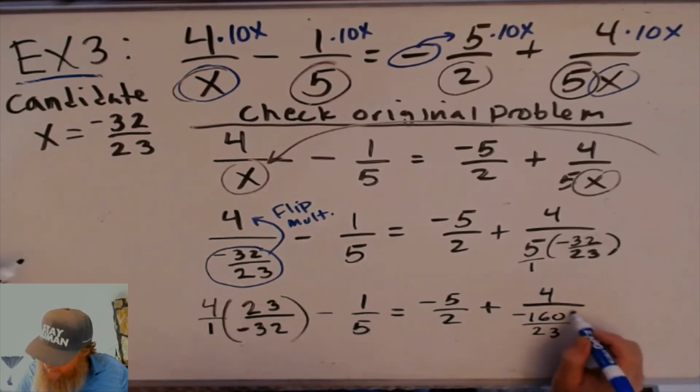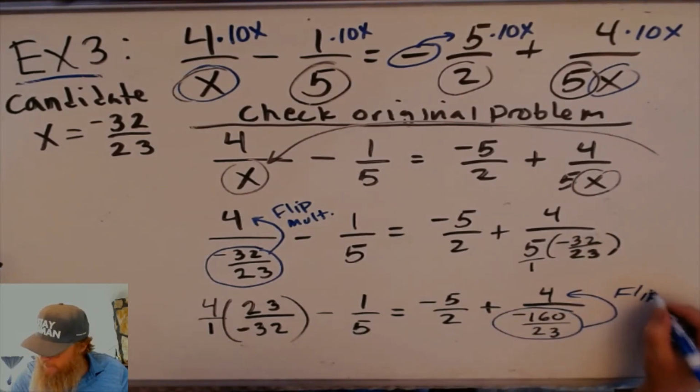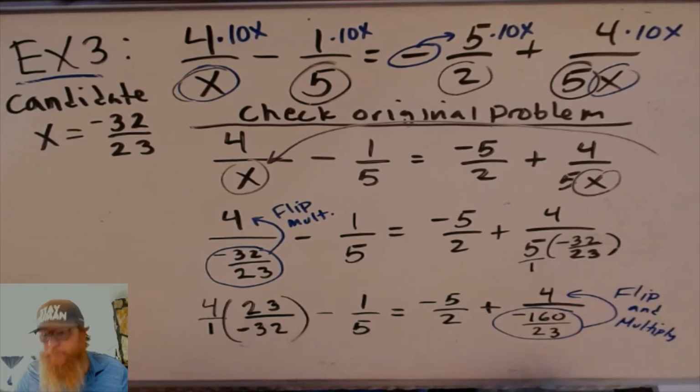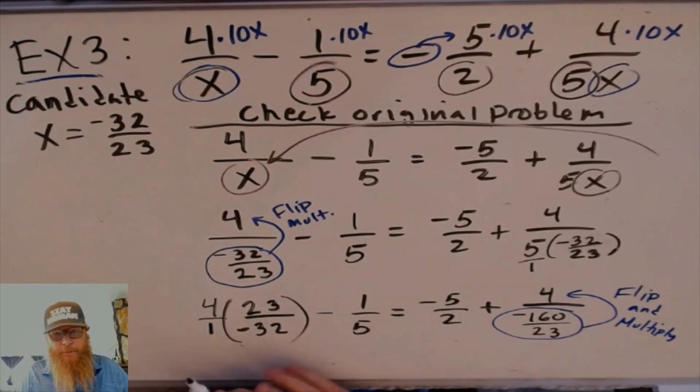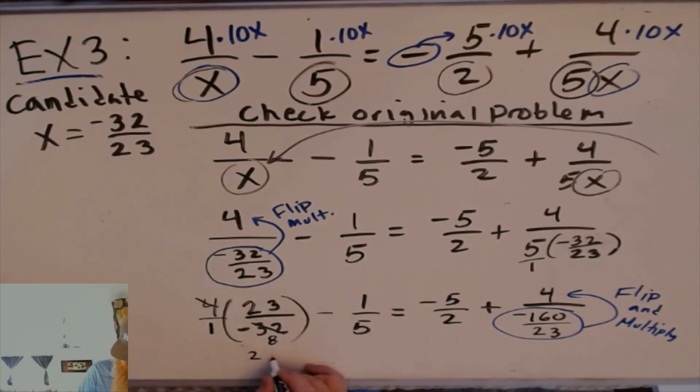And again, I'm going to do the flip and multiply. Flip and multiply. So now I've got 4 goes into 32 8 times. So that'll be 23 over negative 8.